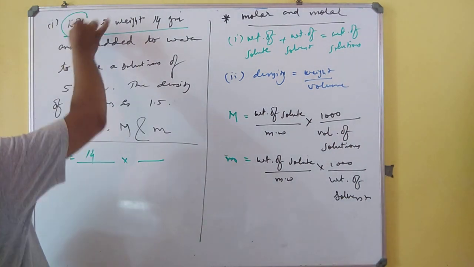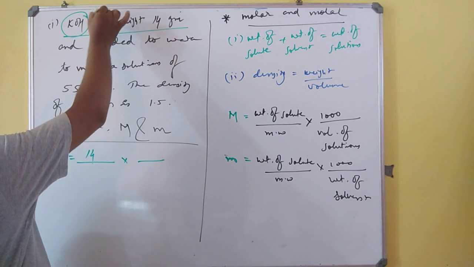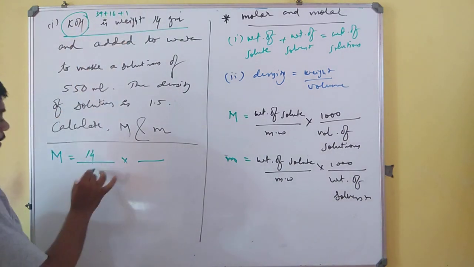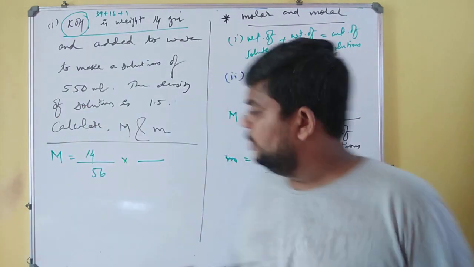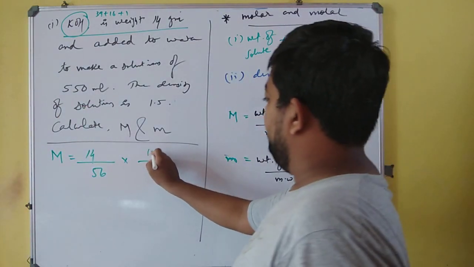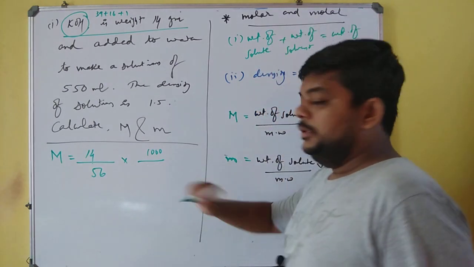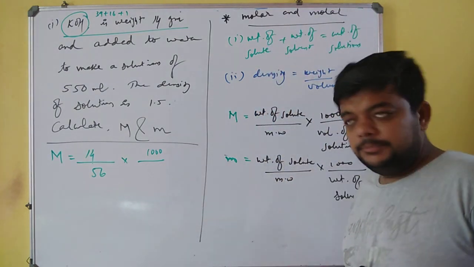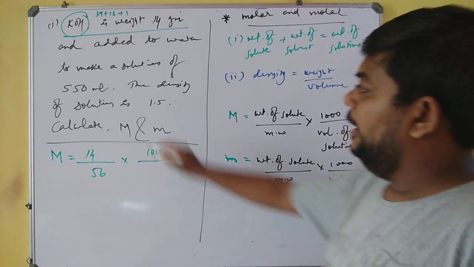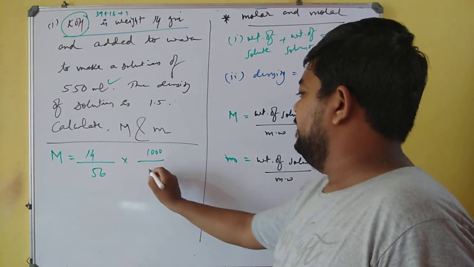Molecular weight of KOH is 39 plus 16 plus 1, that is 56. Now this 1000 will remain common as you are taking the denominator in ml, and that is 550 ml.